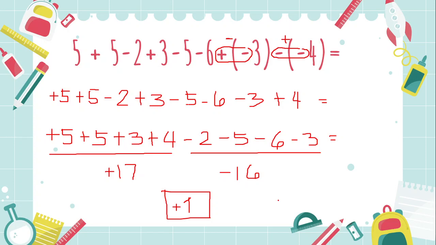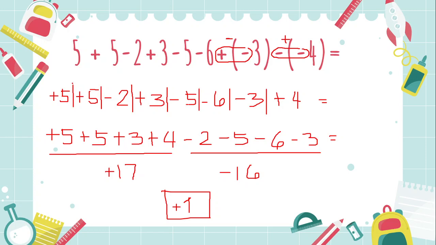Or if you want to process this one without groupings, let's try this here. So you have, let's separate all the numbers first. This one, that one. Make sure that the sign of each number is on its left side. There. So you have 5 and 5, both positive, therefore we need to add them together.